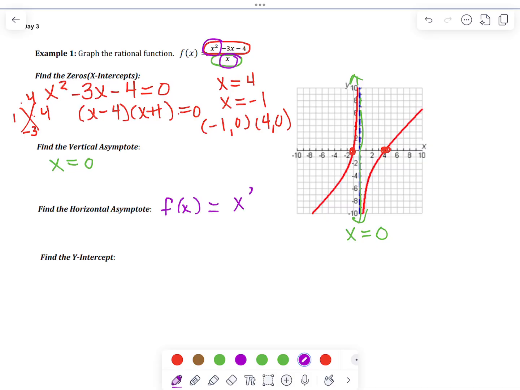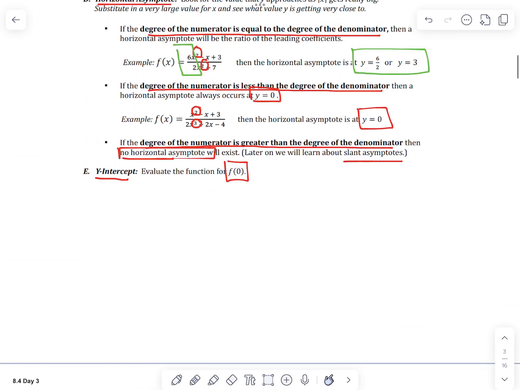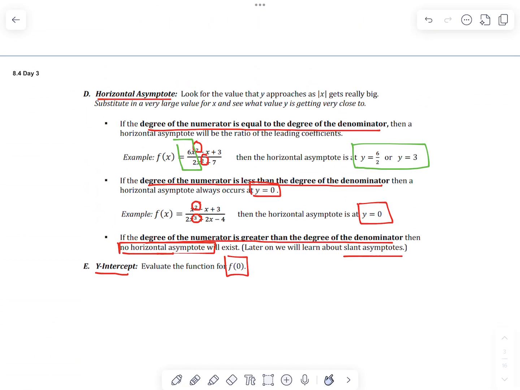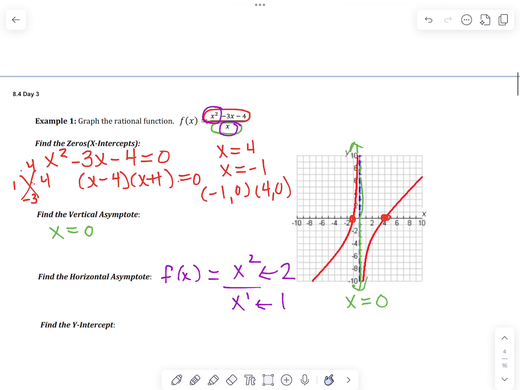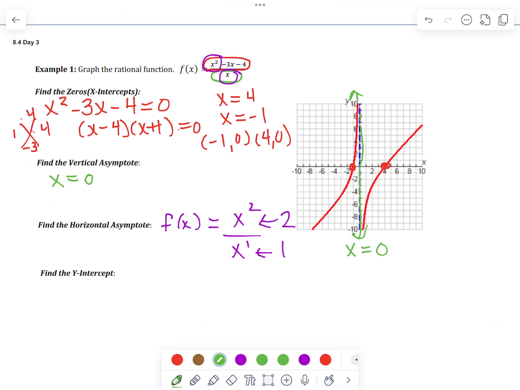So I have an x squared divided by x to the first. Now, the degree of the numerator is 2, and the degree of the denominator is 1. So if we go back up to our rules, the degree of the numerator is greater than the denominator, so we will not have a horizontal asymptote. So this is a none.